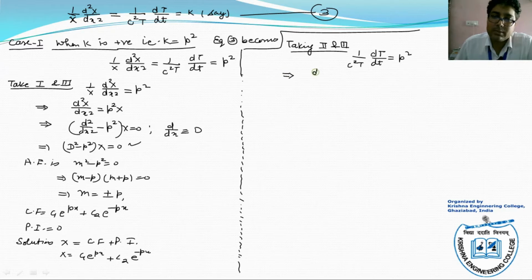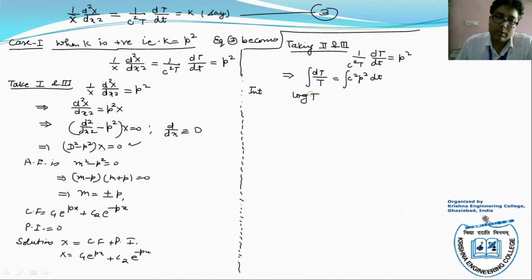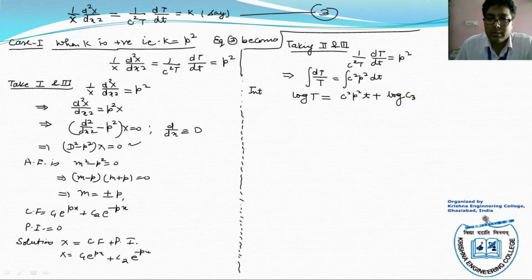Separate the variables: d capital T upon T, and this becomes c square p square into small dt. Integrating both sides, we get log t is equal to c square p square into t plus the constant. Suppose it to be log c3.